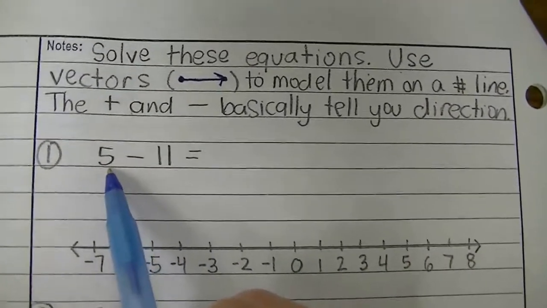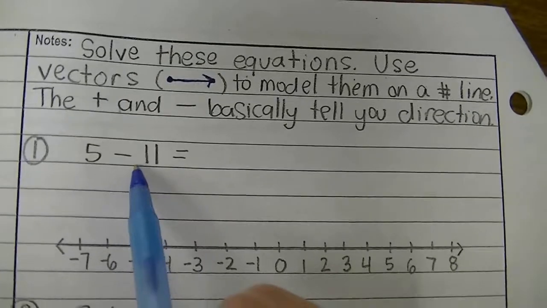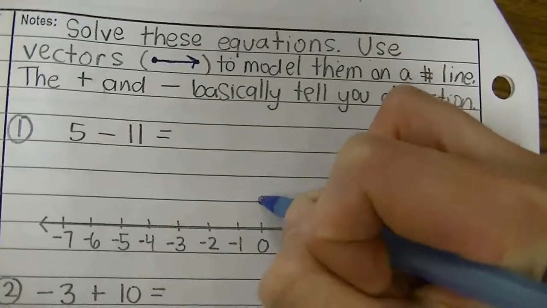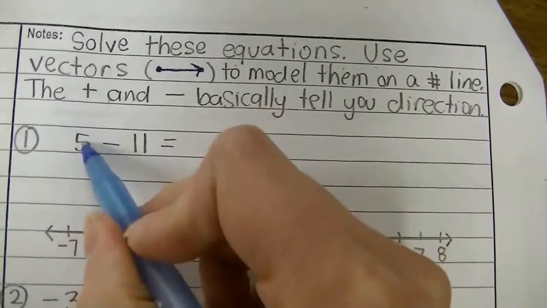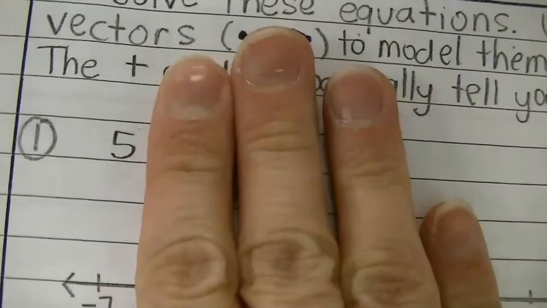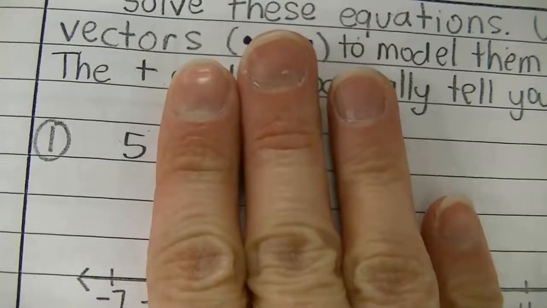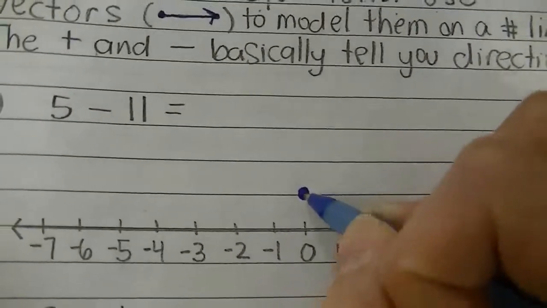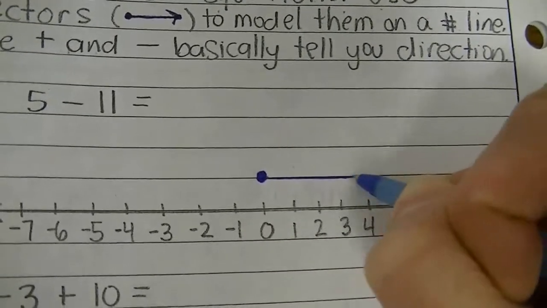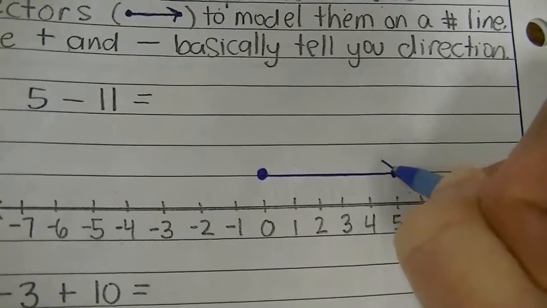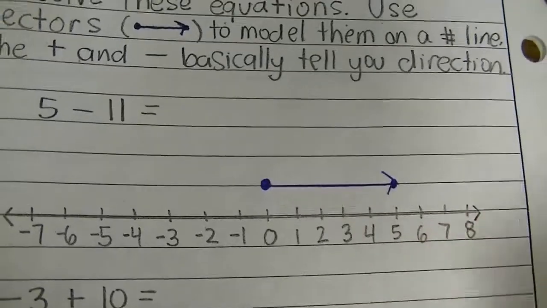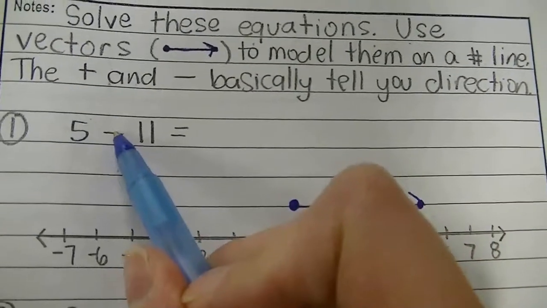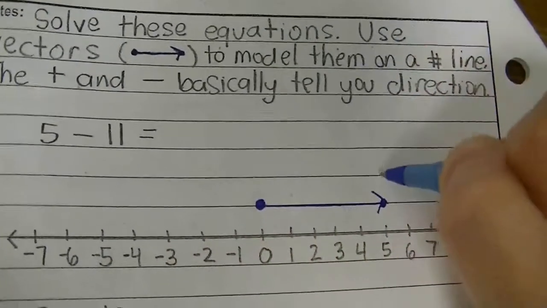So right here we have 5 minus 11. And when you're modeling this on a number line, you want to start at 0, okay? And you're going to draw your vector to this positive 5. So that's where you're starting at. It's positive 5 because there's no negative in front of it. So you're going to go to the right all the way until you get to 5. And then your vector stops right there. And then it says minus 11. The minus indicates you're going to go to the left, 11 units.